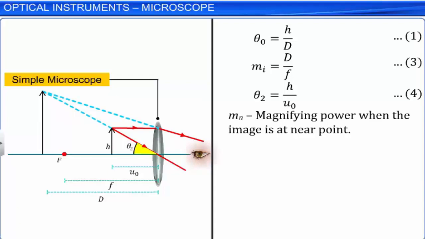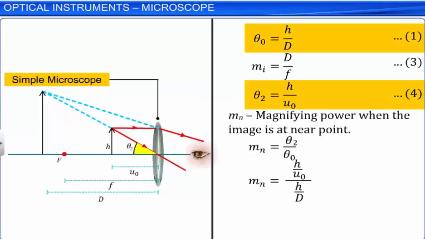But from the lens formula, we have 1 by u is equal to 1 by v minus 1 by f. Using the Cartesian sign convention, we can write that u is equal to minus u0, v is equal to minus d.